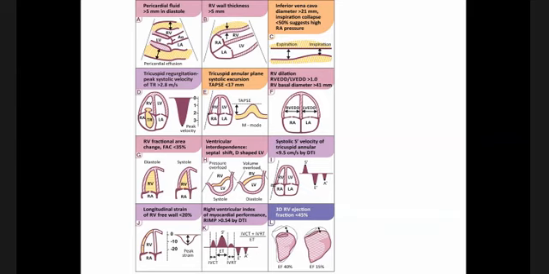The cardiac output can be measured on echocardiogram in simple ways. You look at the velocity time integral at the aortic valve and the radius of the aorta or the LVOT. By the same mechanisms, you can measure the right ventricular output.